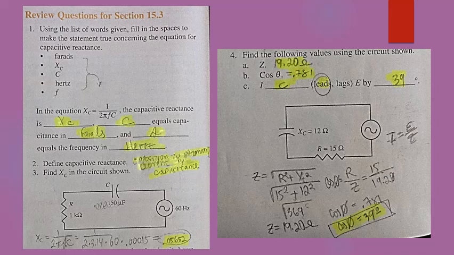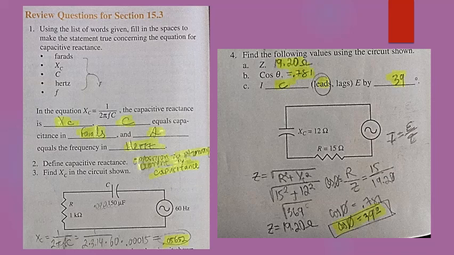Question 4, find the following values using the circuit shown. Portion A, find the impedance, or Z. For that we use a variation of the Pythagorean theorem, where Z equals the square root of the resistance squared plus the capacitive reactance squared.